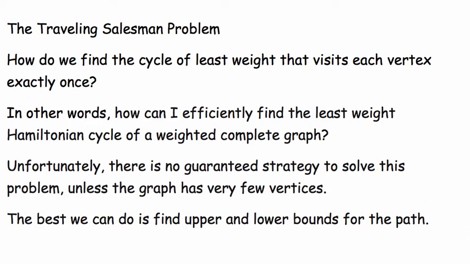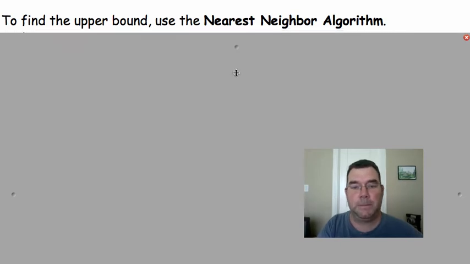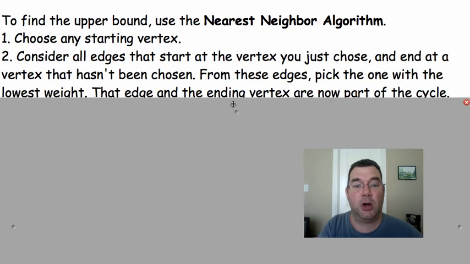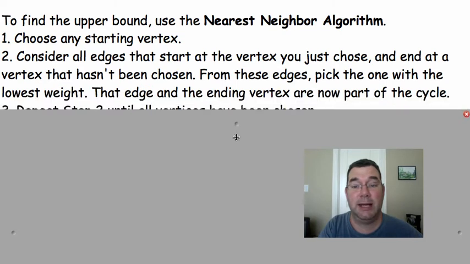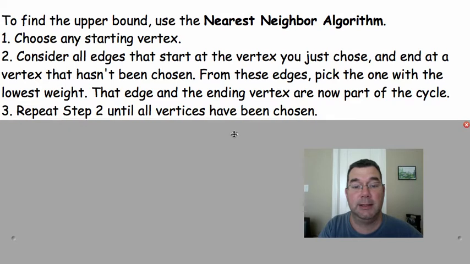So I'm going to show you how to find each of those, and I'm going to go through an example with the exact same complete graph. So to find the upper bound, this is either going to be equal to or higher than the best possible solution. All right, so we're going to choose any starting vertex, consider all of the edges that start at that vertex and end at a different vertex, one that you haven't chosen yet, and from these you're going to pick the one with the lowest weight.